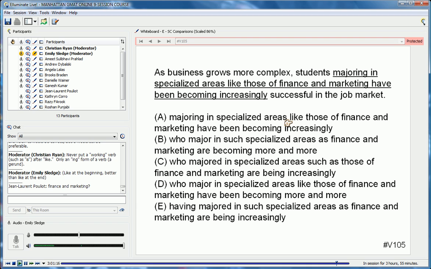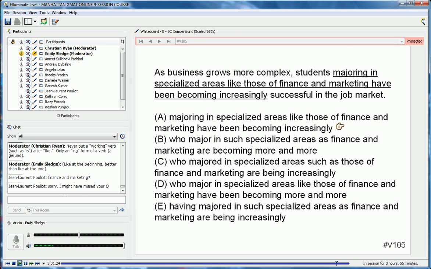Finance and marketing, like finance and marketing, or like those areas. So what did you see about that that you didn't like? A is something you avoided, and why? I'll throw that open to the group. A lot of you steered clear of A. Anybody see a problem with that?